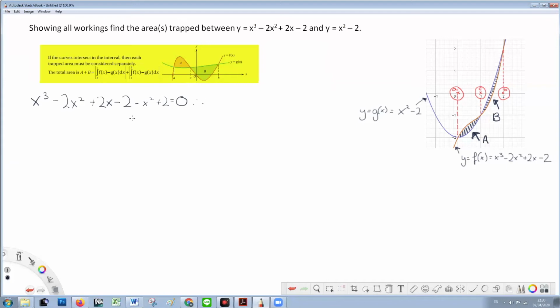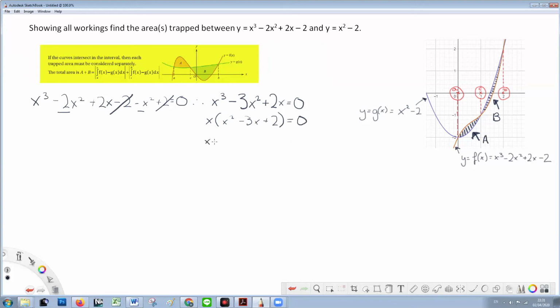Now, that's going to give us an equation like this. Very quickly, the minus x squareds are going to match up, so this is going to cancel with this. I'm left with x cubed minus 3x squared plus 2x is equal to 0. Now, that might be slightly different than what you had, but it's essentially just x times x squared minus 3x plus 2, and hopefully that's the kind of equation we're more used to.